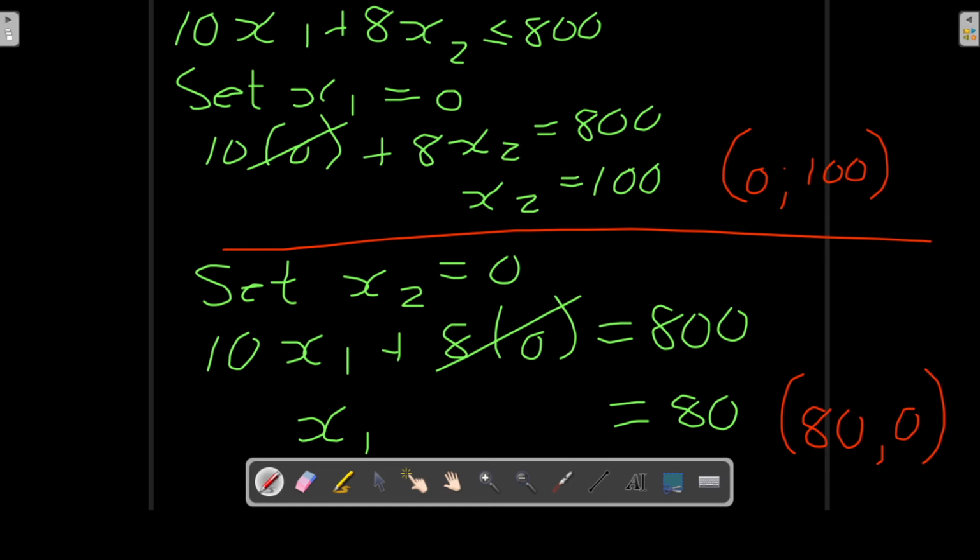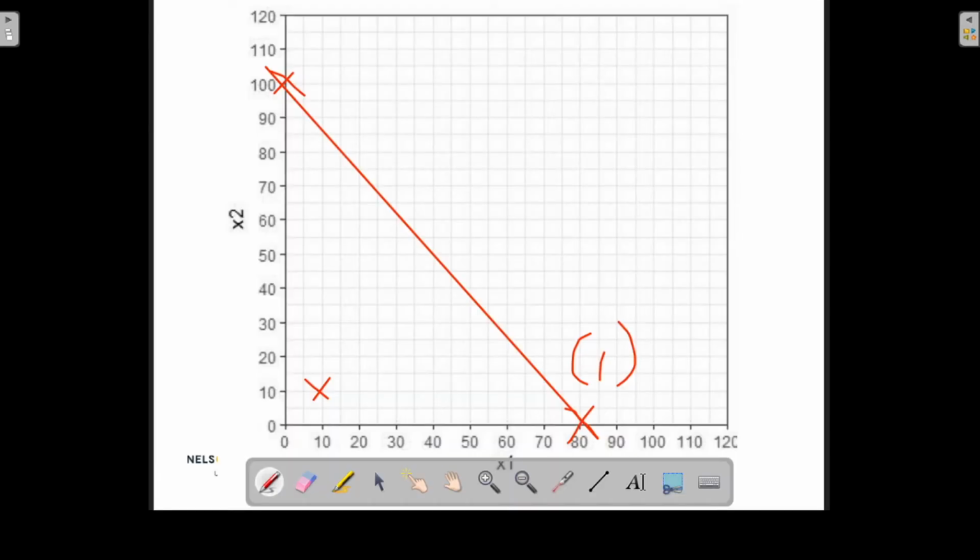That's 180, which is definitely less than 800. So the point (10, 10) satisfies this inequality, which means that all the points on the same side of the line will also satisfy this inequality. So we know that this inequality implies the area below the line.